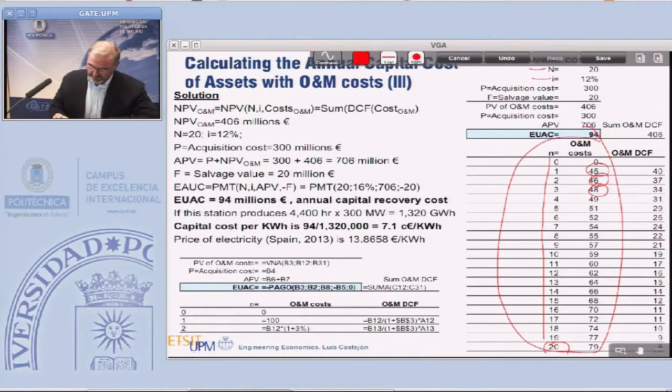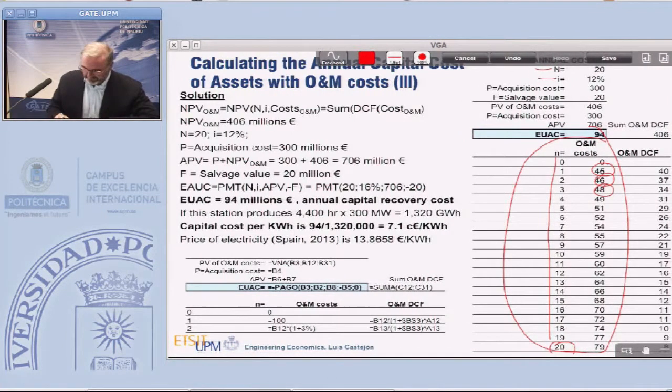And then we have to calculate, as we have explained, the net present value of the operation and maintenance cost. As you know, you will be discounting every cash flow to calculate the discounted cash flow, dividing by the interest rate, 12%. And then the cumulative sum of that will be the net present value of the operation and maintenance cost, 460 million euros.